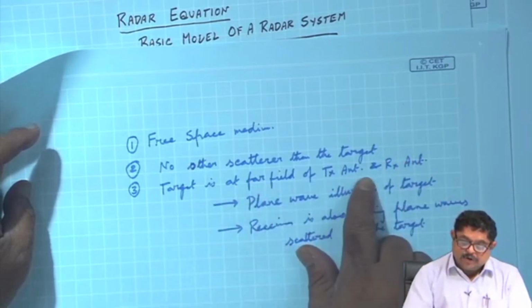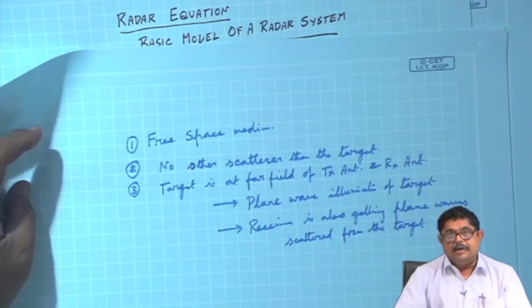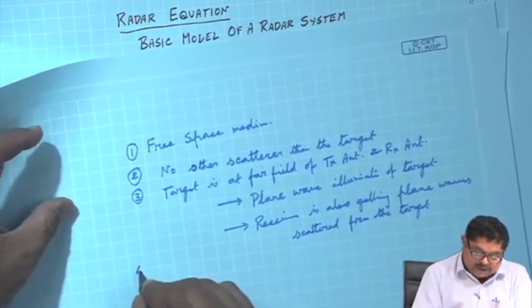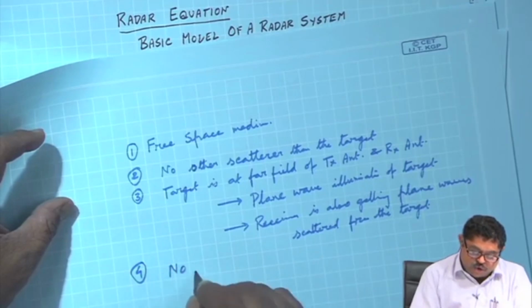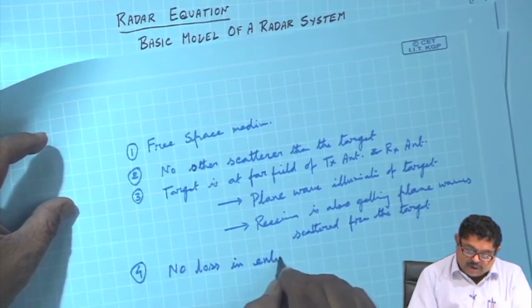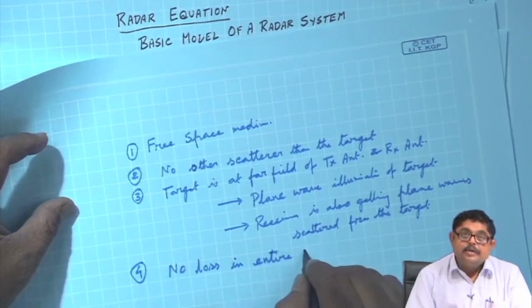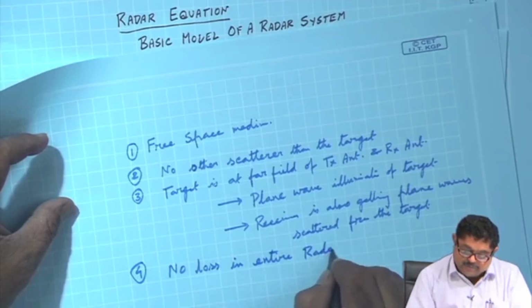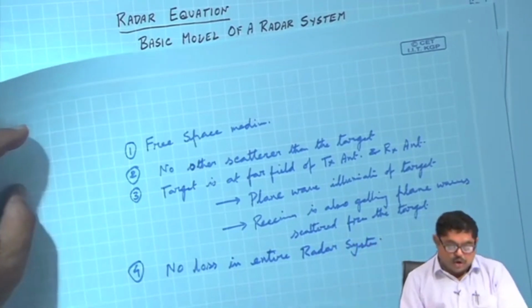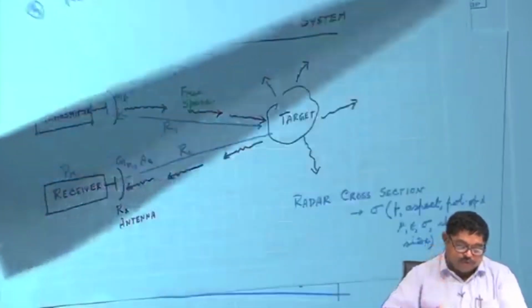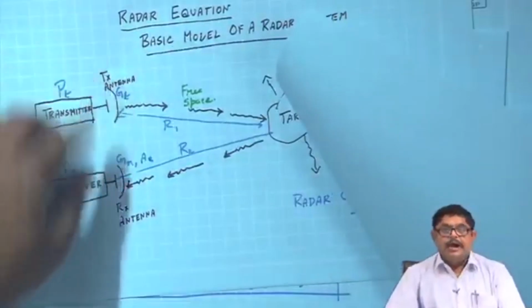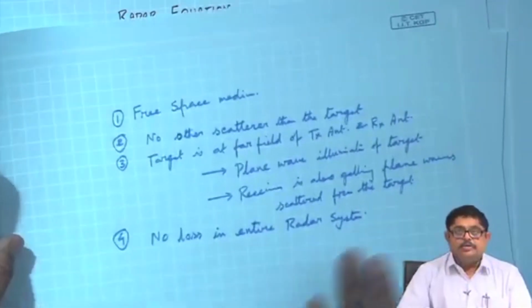The target is in the far field of the transmitting antenna and receiving antenna. There is another assumption, that there is no loss in the entire radar system. That means there is no loss in the transmitter, receiver, transmitting antenna, receiving antenna. So, this is also a lossless system.